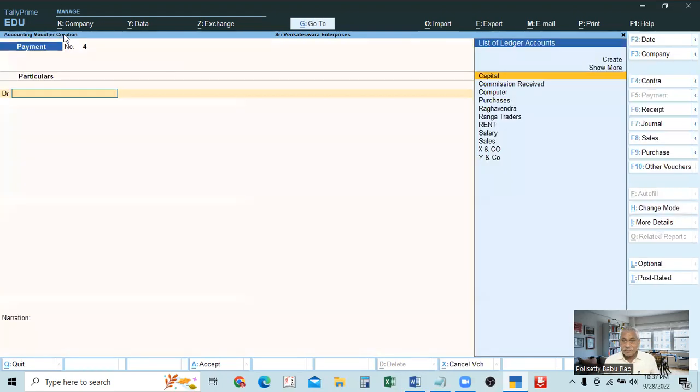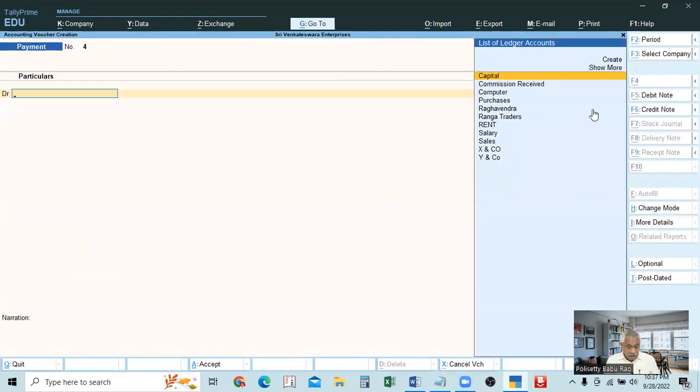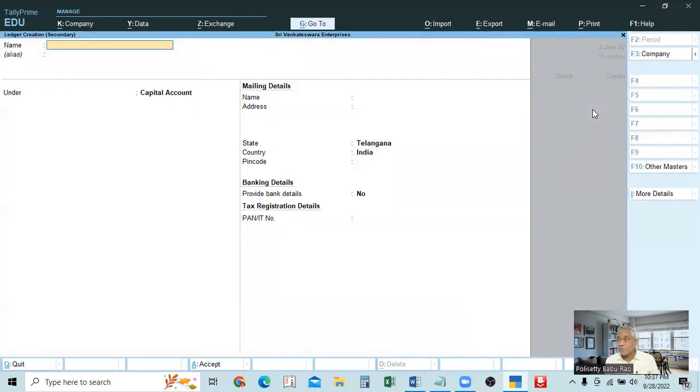So what can we do? We can create this ledger. By clicking here, create, or simply there is a shortcut key, Alt C. Just remember Alt C. Alt C means it is also the creation button. So either click Alt C, or in the list of ledgers on the top, there is a create button.